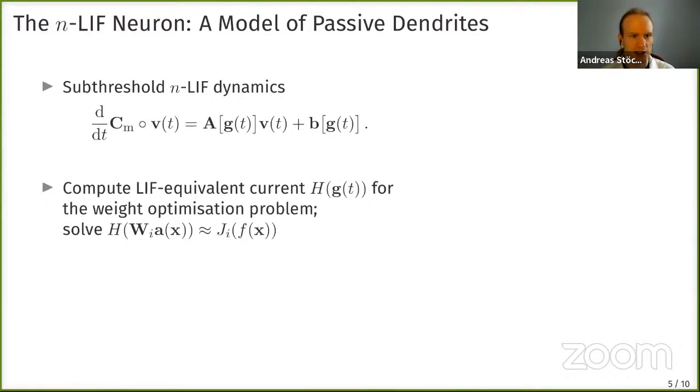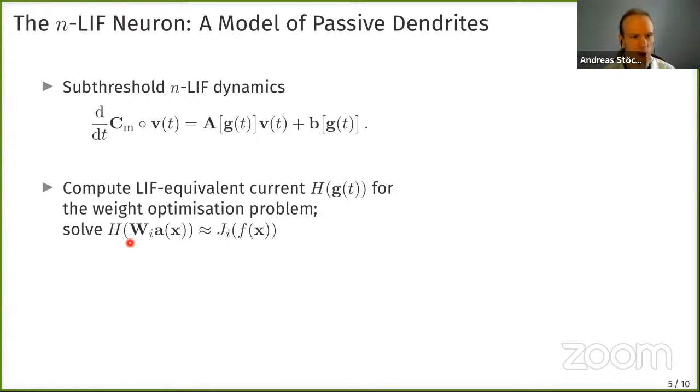Now, to actually integrate these neurons into the NEF, what we'd like to compute is a LIF equivalent current that essentially computes the current that's flowing into the soma given the input channel state g. And if we had such a function h of g, then we could solve a weight optimization problem that has the following form.